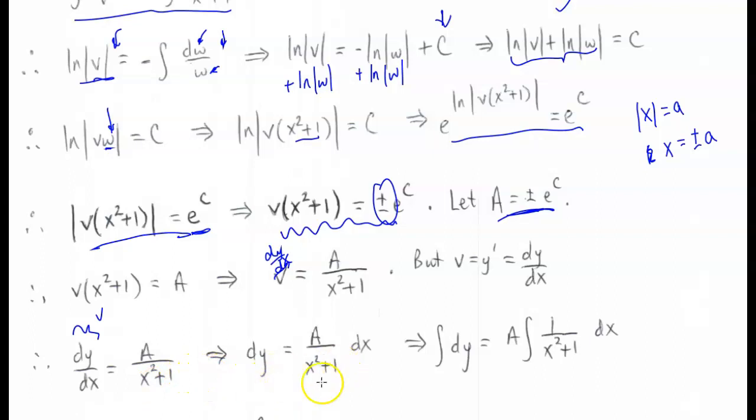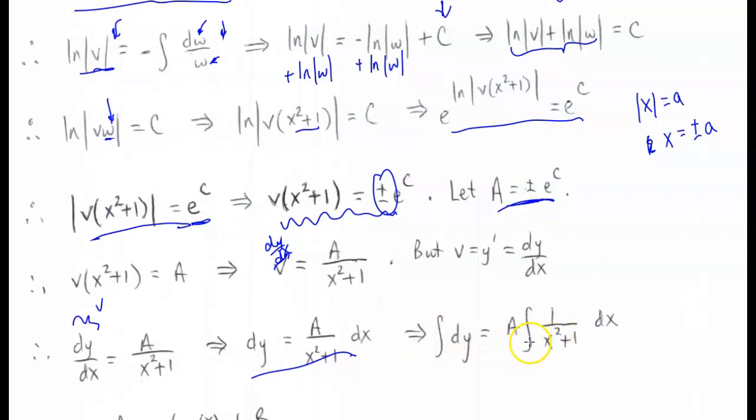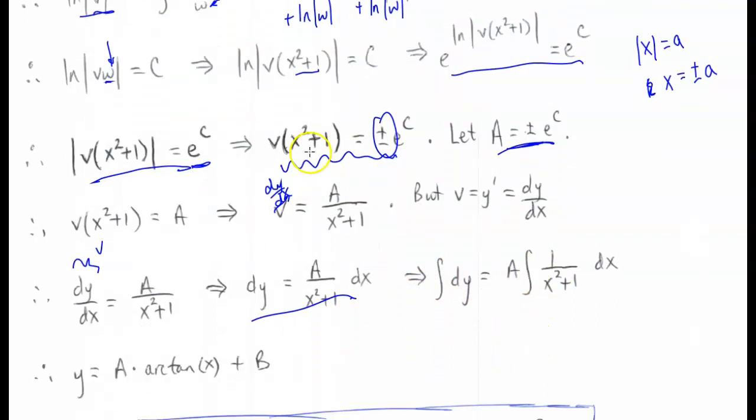And then we rearrange this equation again so that we can try to solve for y. So we multiply both sides here by dx. Got this equation here. And then we just integrate both sides with respect to x. Of course, on the left side, that's just going to be y.